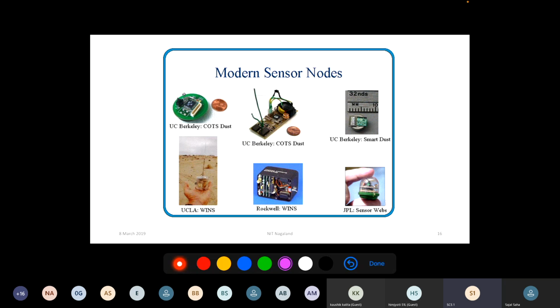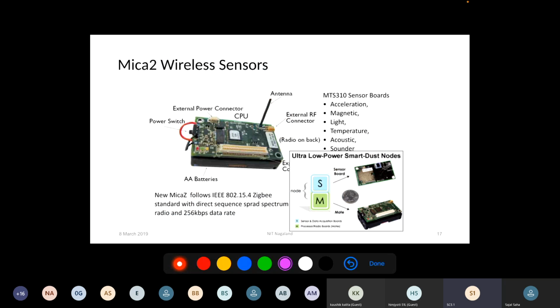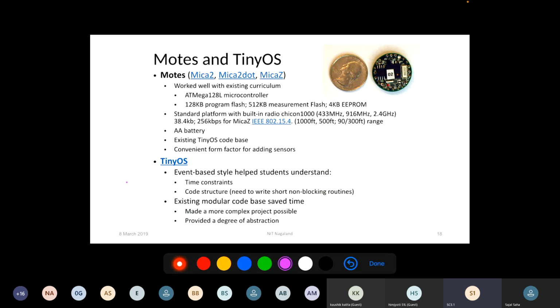Okay, so if I consider the motes, the different types of motes, we have the Mica 2, Mica 2 Dot, Mica Z. These are the different types of motes, and these motes have the Atmega 128L microcontroller. The Atmega 128 is an 8-bit microcontroller, but in most of our usage in the case of sensors, we use the Arduino microcontroller, right?